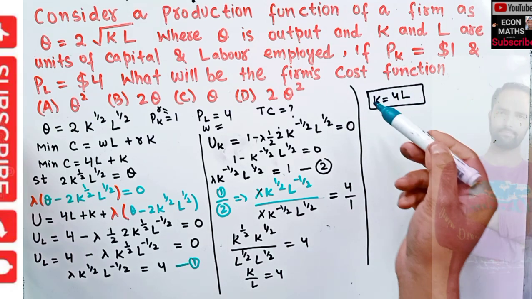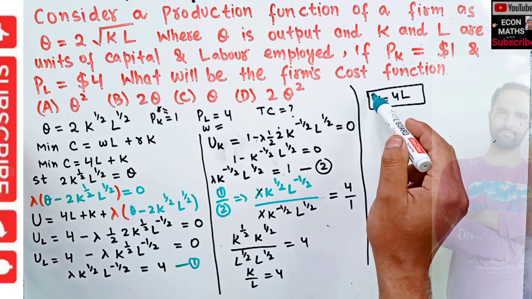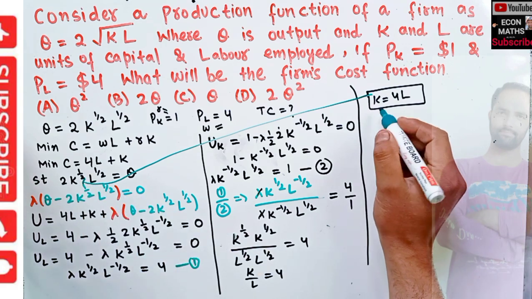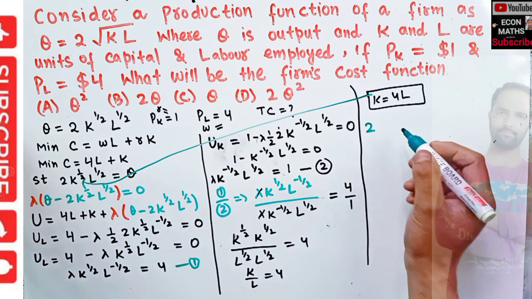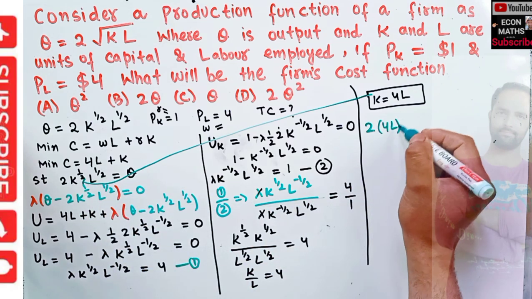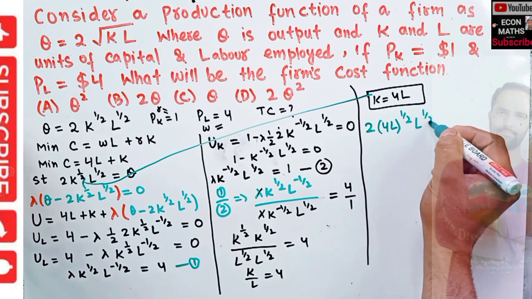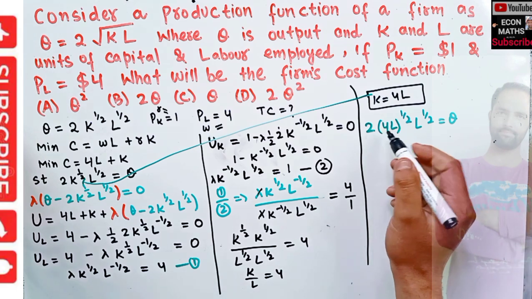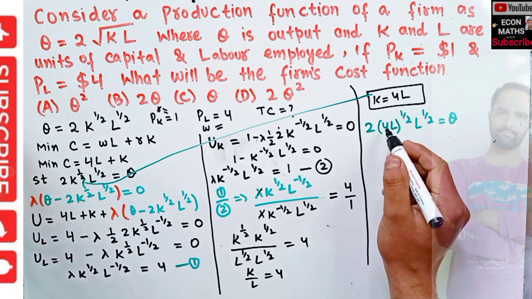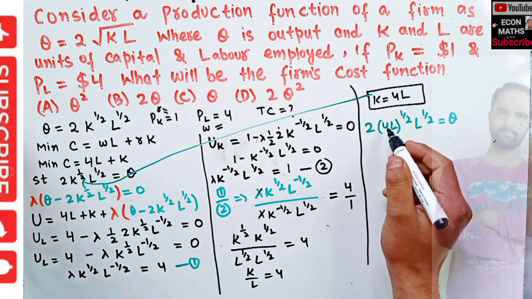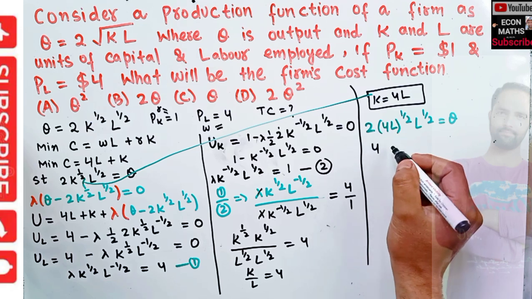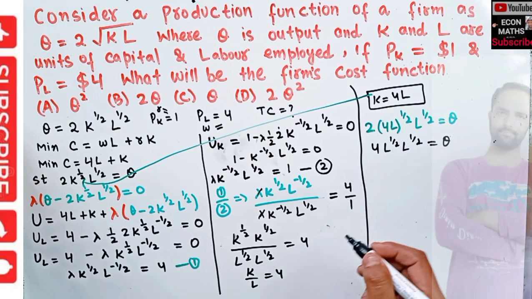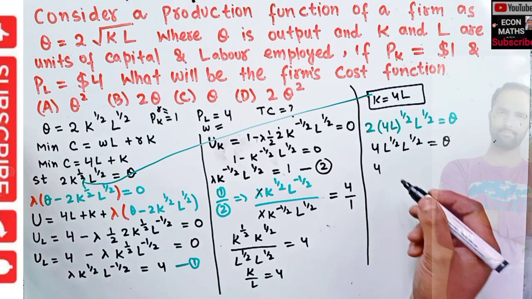After that we plug the value of k is equal to 4L into the production constraint, which implies 2 times 4L to the power 1 upon 2, then we have L to the power 1 upon 2 is equal to Q. So here we are left with 2 times 2, because 4 under root is 2, so we have 2 into 2 is 4, L to the power 1 upon 2, L to the power 1 upon 2 is equal to Q. Again bases are same, we can add up the exponents.